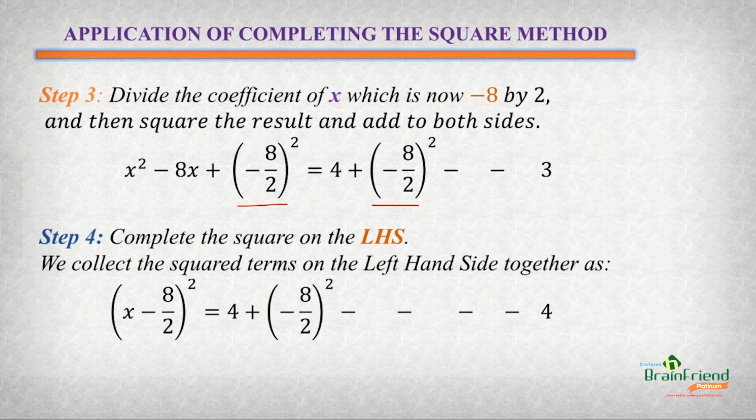Step 4, complete the square on the left hand side. Remember, this means we should collect these terms that have powers of 2, which is squared. Now when we collect the square terms on the left hand side, we have x minus 8 over 2 all squared, and that should be equal to 4 plus minus 8 over 2 squared.